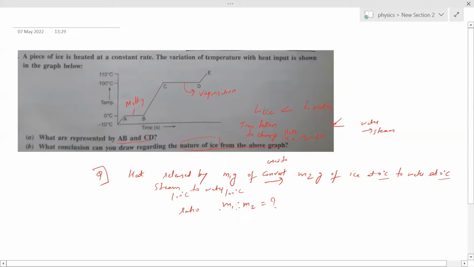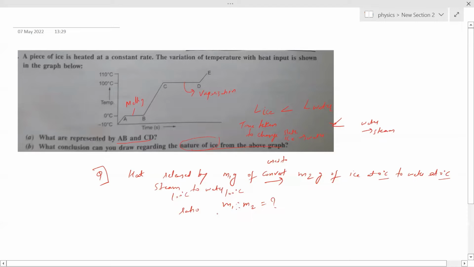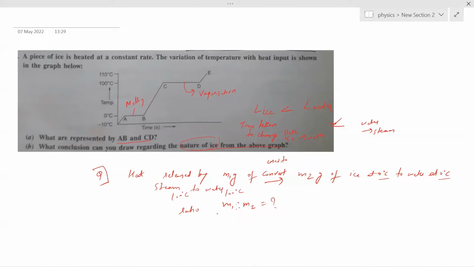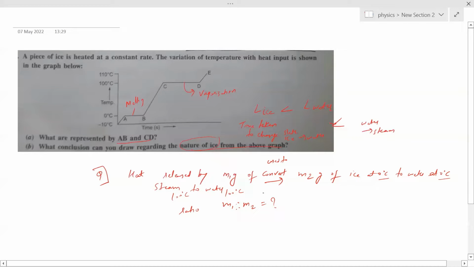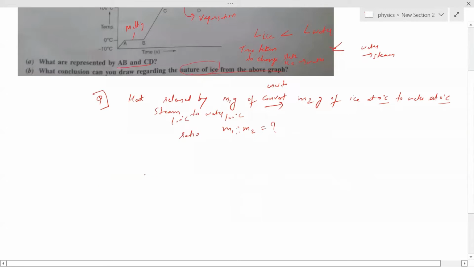What will be the ratio of m1 to m2? Tanisha, tell me the steps.